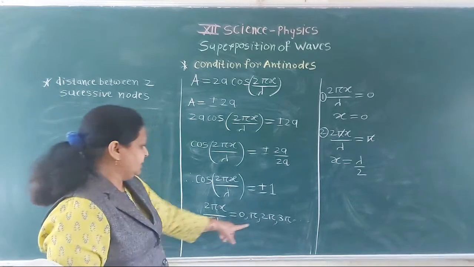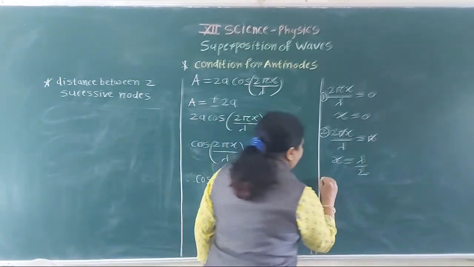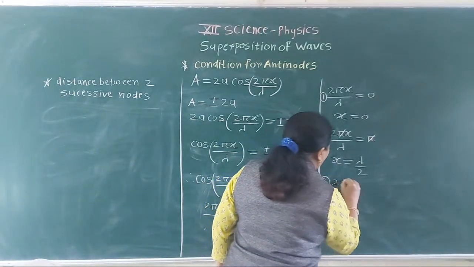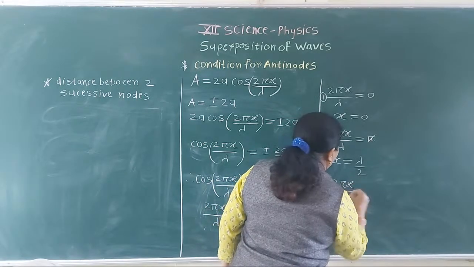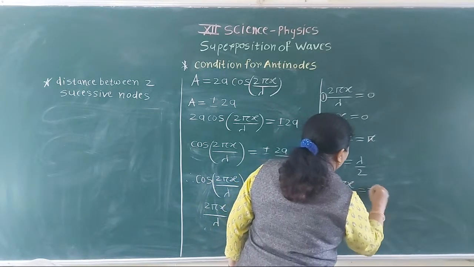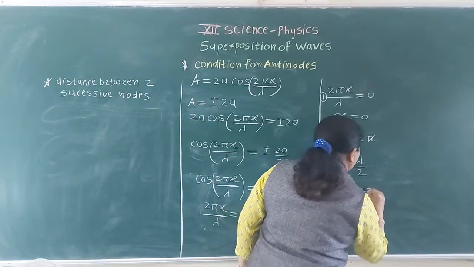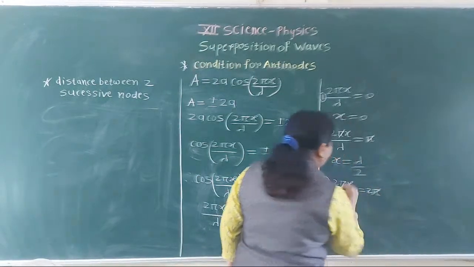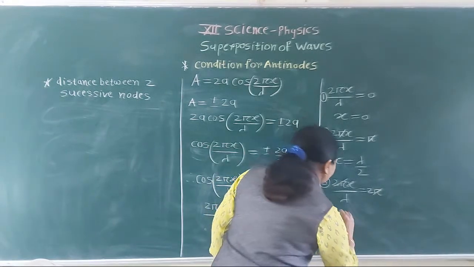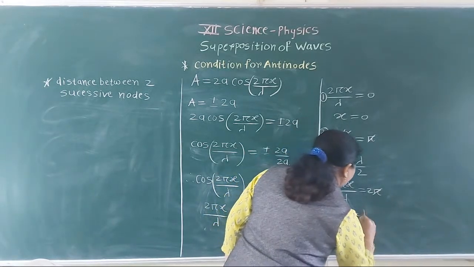Now in the next example, 2 pi x upon lambda is equal to 2 pi. 2 pi gets cancelled, x is equal to lambda.